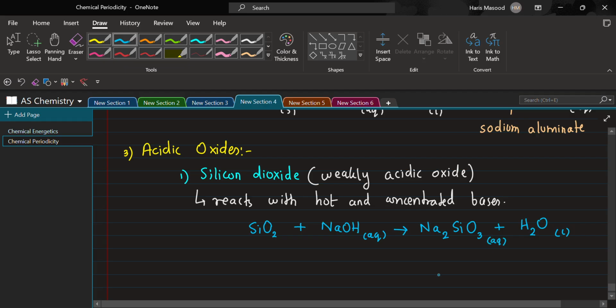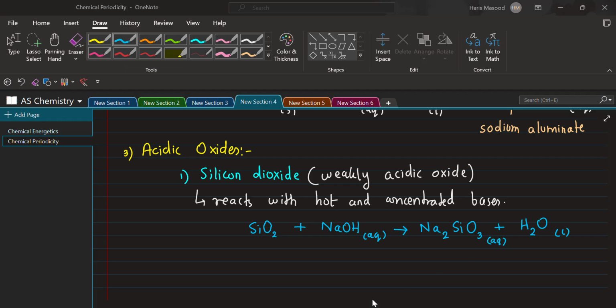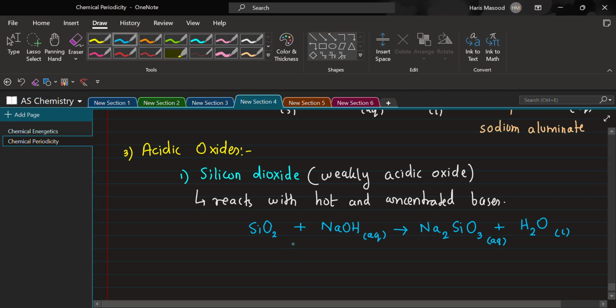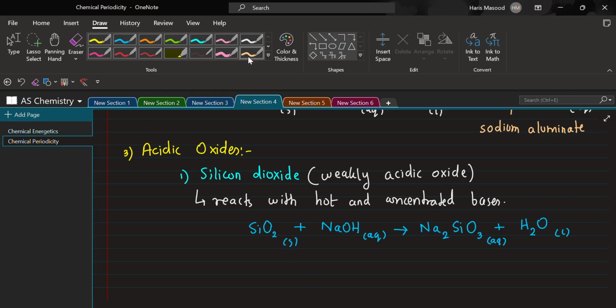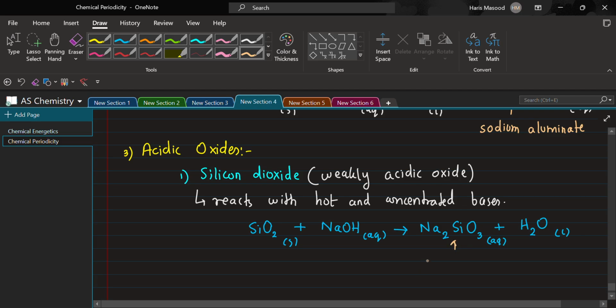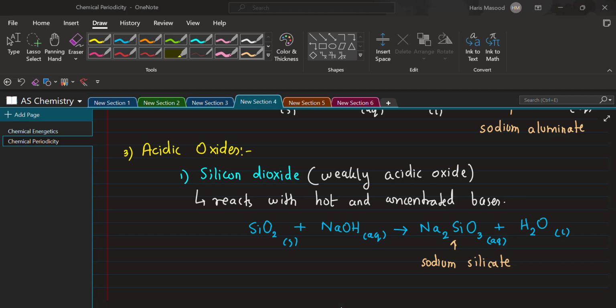This will be aqueous and this is solid. This is sodium silicate. This will be formed.